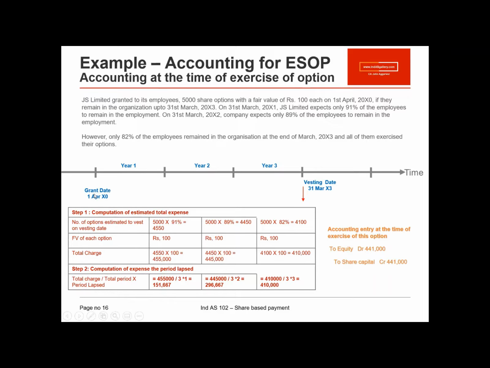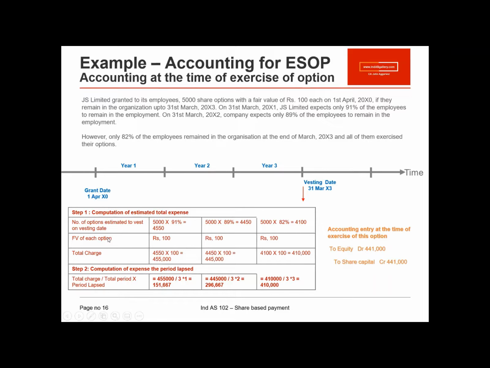The market condition will be factored in on day one itself, when you are making an estimation of fair value as on the grant date. So to summarize, all market conditions will be factored in at the time of fair valuation only, at the time of determining the fair value as on the grant date only.